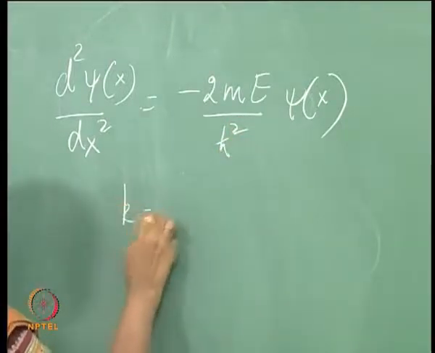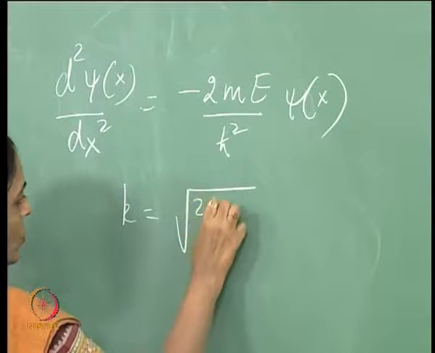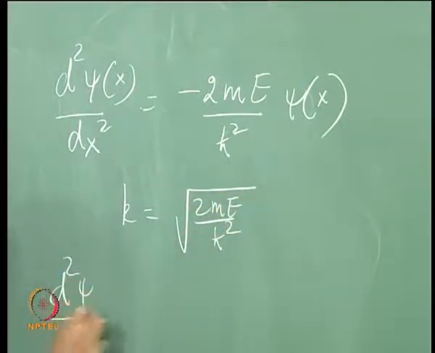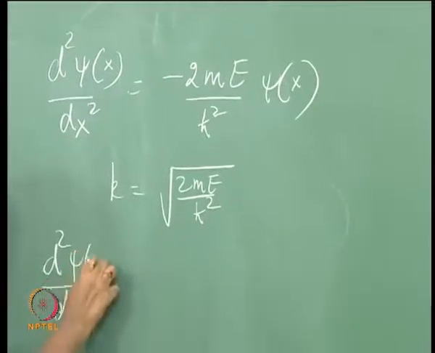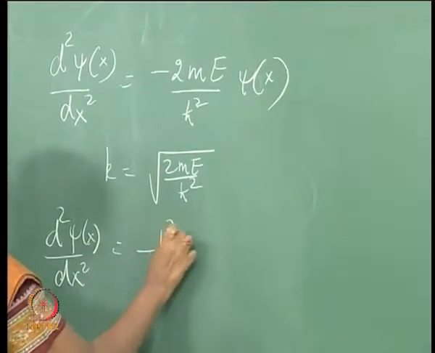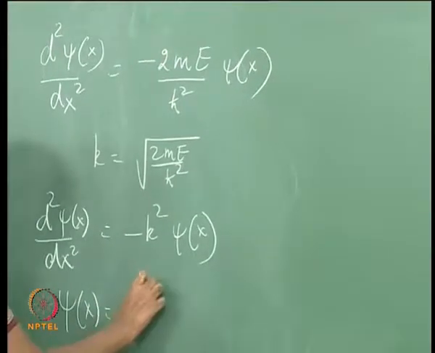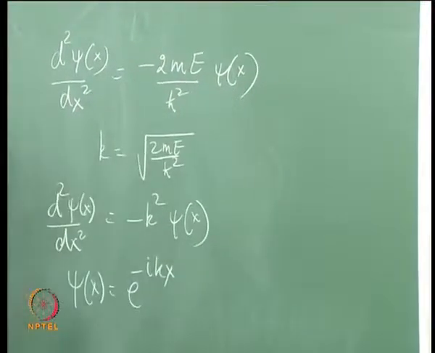So I define k as square root of 2mE by h cross squared, and therefore I have d2 psi by dx squared is minus k squared psi of x. I can solve for this. It's clear that psi of x is e to the minus ikx. That's one solution.